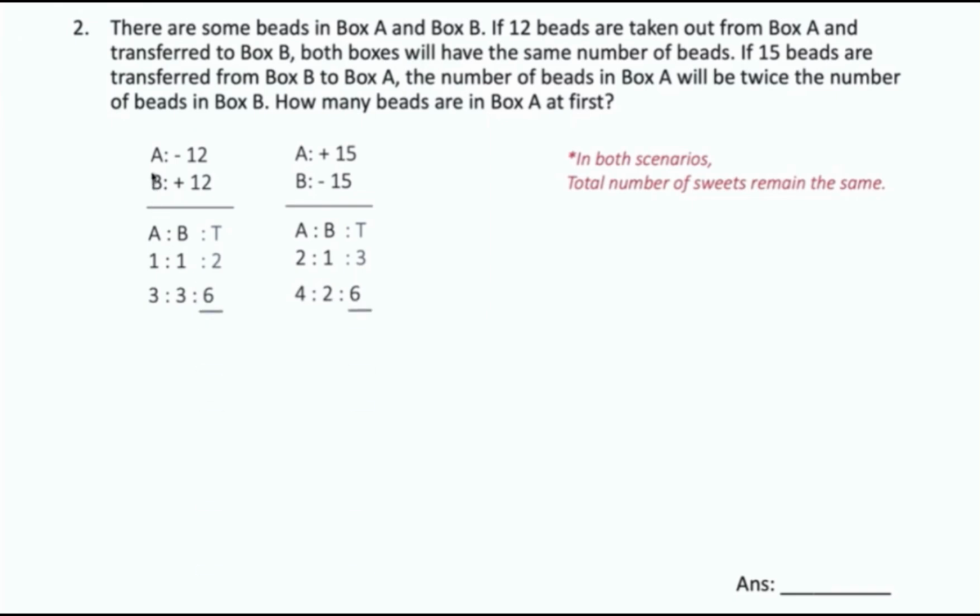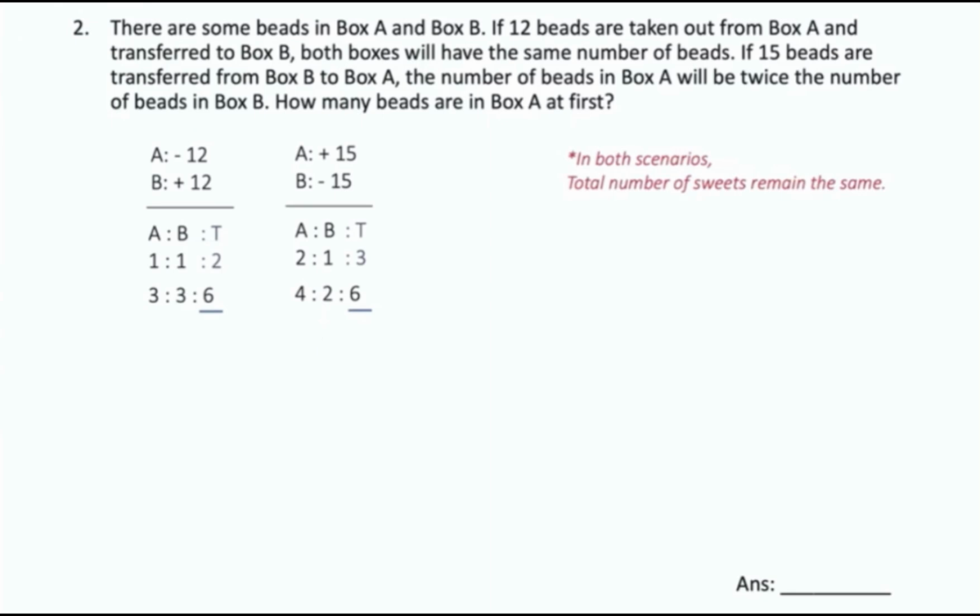The value, you can use either A or B to find the value, right? So if we were to use A, then we compare 3 units and 4 units. So A has increased by 1 unit. Or rather the difference, not the increase, the difference between A in this scenario and A in this second scenario is a difference of 1 unit.